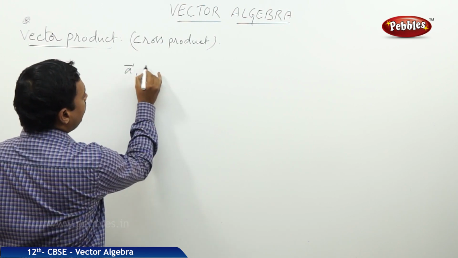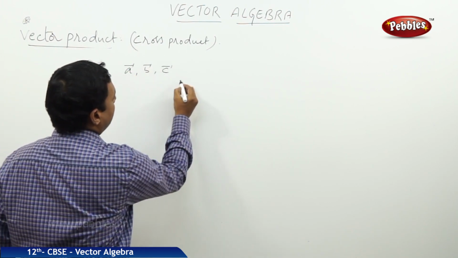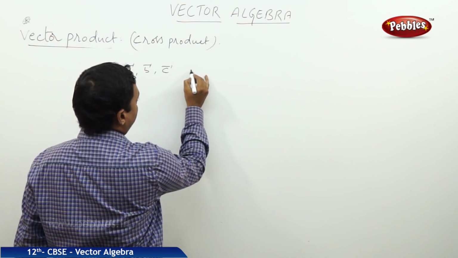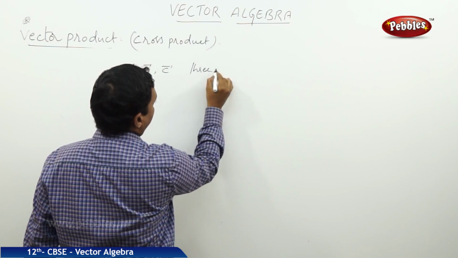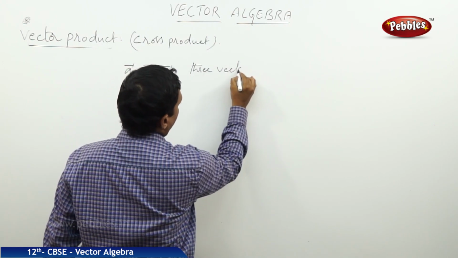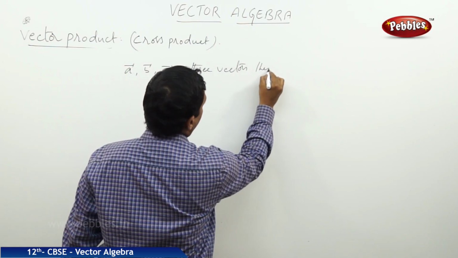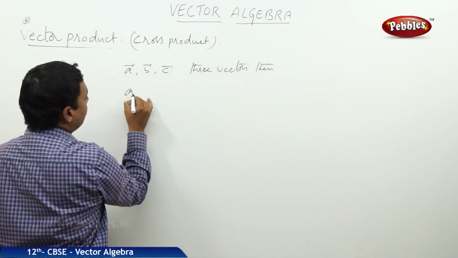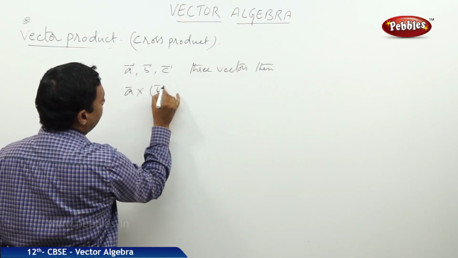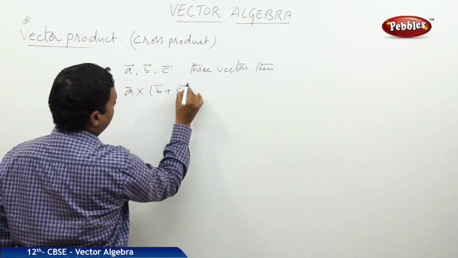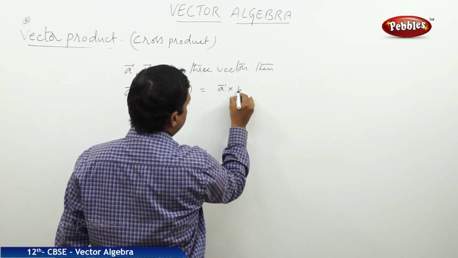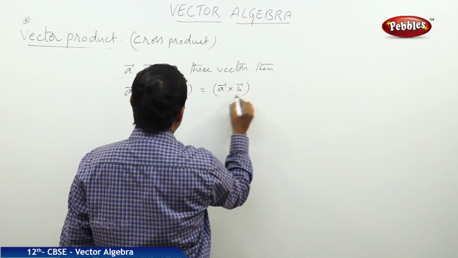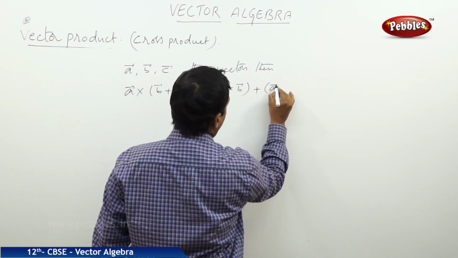If A bar, B bar, C bar are any three vectors, then A cross (B plus C) is A cross B vector plus A cross C vector.